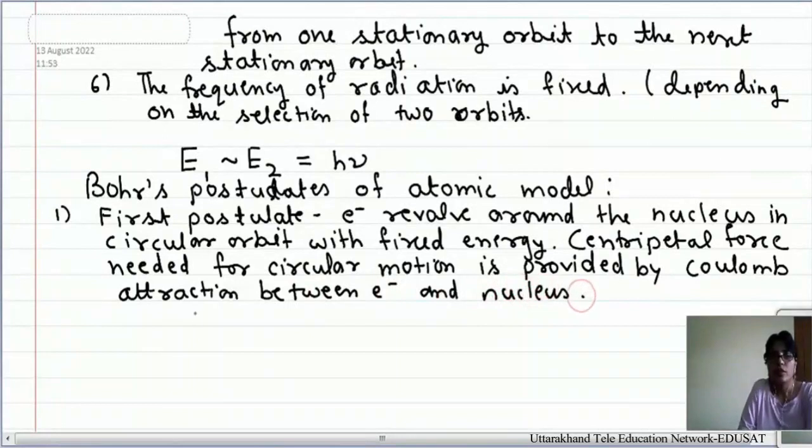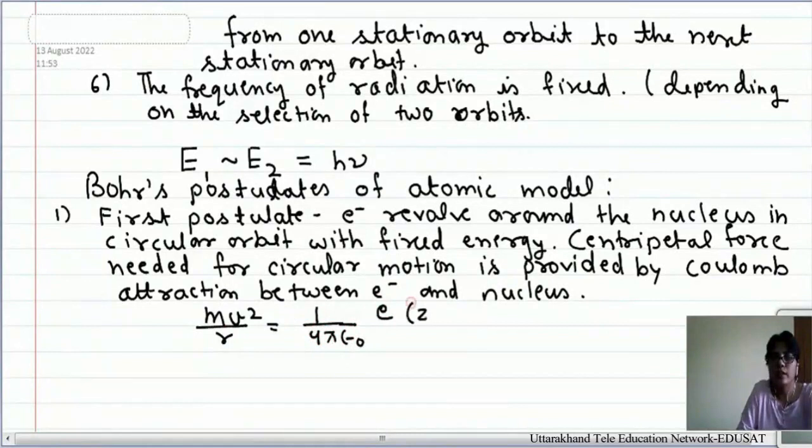So the centripetal force m v square by r is equal to 1 upon 4 pi epsilon naught into the force between electron and nucleus, Ze squared divided by r square. So this is the equation for the centripetal force. So this is the first postulate.